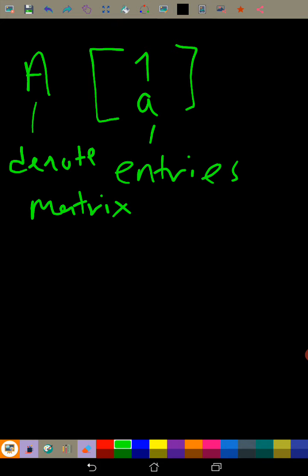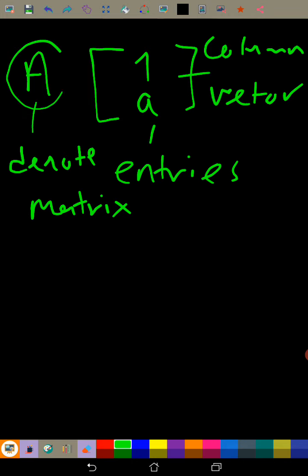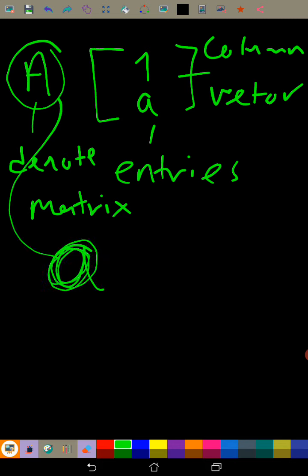This is a column vector. Sometimes they don't use capital letters, they use bold, but bold is not possible here.